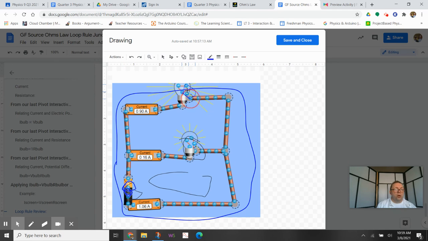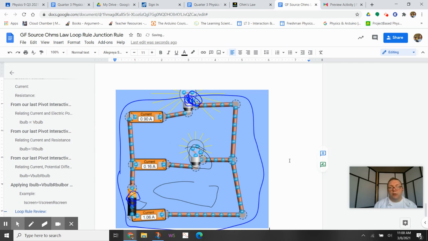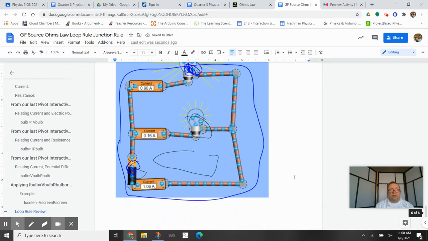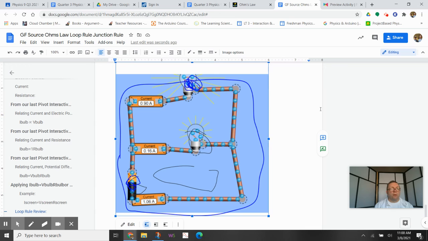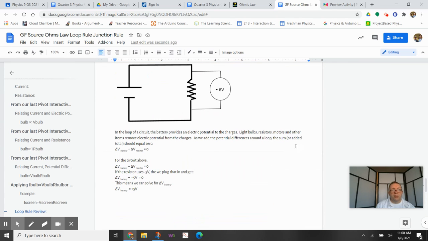And then this bulb would use the 9 volts and back to 0 again. So plus 9, minus 9, back to 0 for that loop rule. That loop rule is where we can talk about delta V for the battery compared to delta V for the other parts of the circuit. Stuff like this.